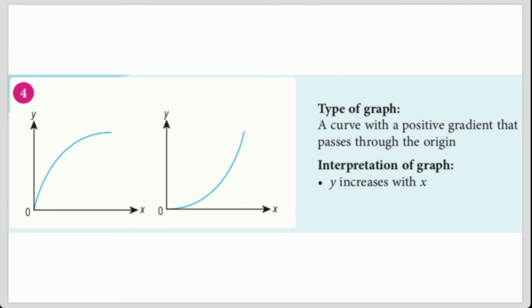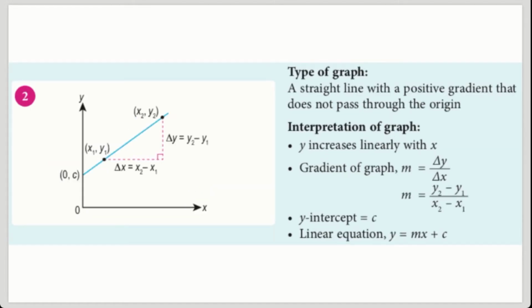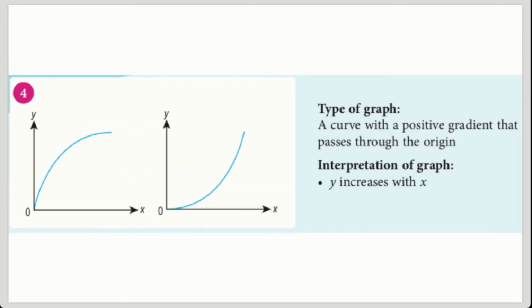So, the first one is a positive gradient that passes through the origin. So, ini interpretation dia, kita hanya katakan y increases with x for number 4. So, semakin tinggi x, semakin tinggi juga nilai y. But, dia bukan linear. Maksud dia bukan garisan yang lurus saja.